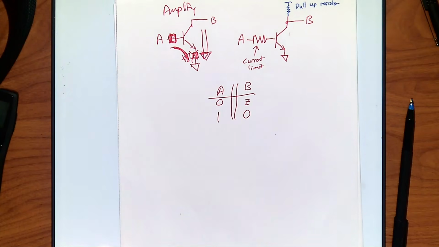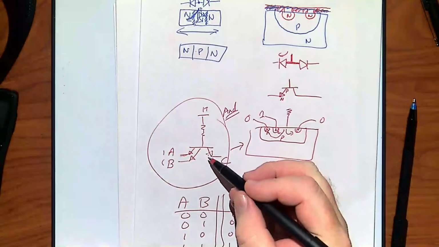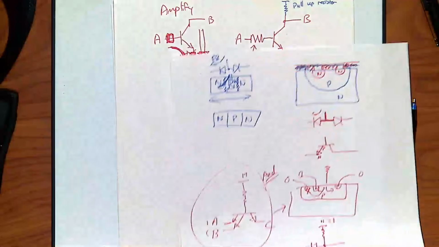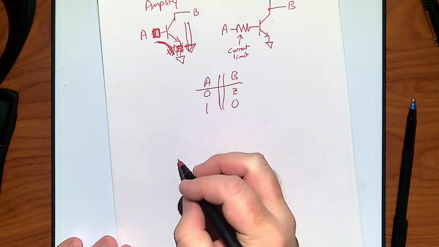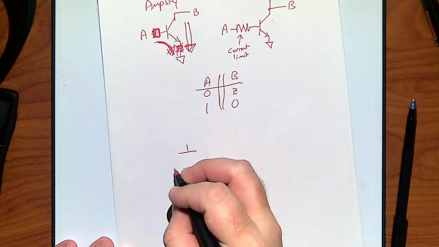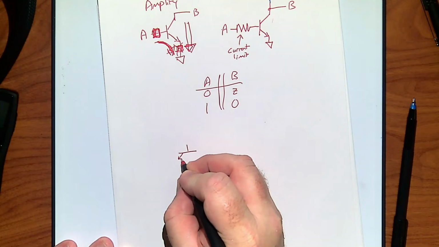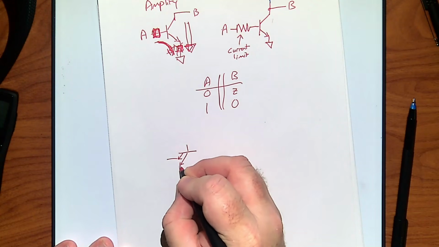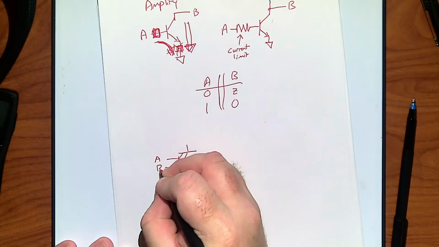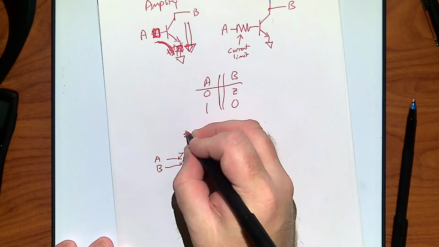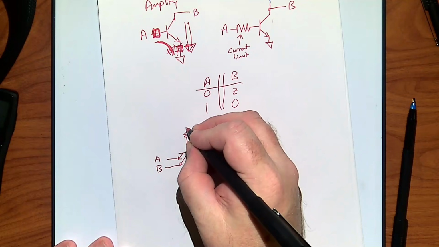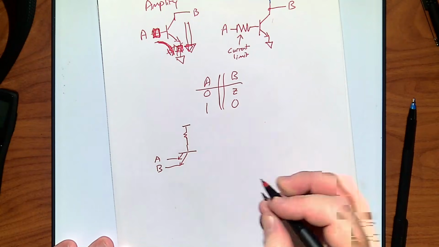So what would happen if I took my AND gate from here? All right. Take this. And I've got a resistor that is going to power.